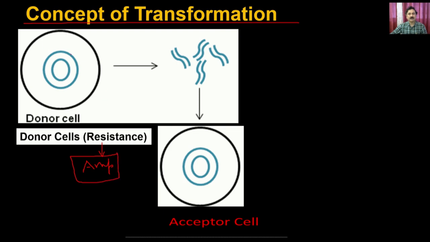What this donor cell does is throw out the DNA, which confers resistance against ampicillin, and then these DNA molecules are taken up by the acceptor cell. The acceptor cell was sensitive in the beginning, but afterwards it has taken up this DNA, and that's how it also acquired the resistance, and that's why people discovered the concept of transformation.